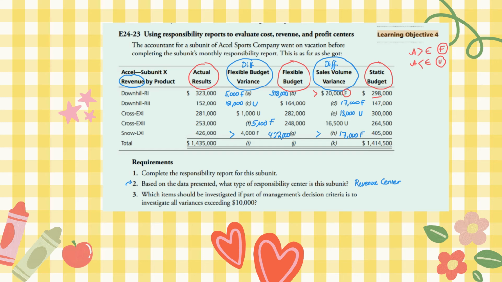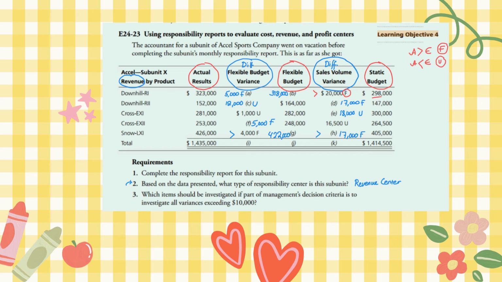Now I, J, and K. For J, I'm going to add all the revenues for the flexible budget. So 318 plus 164 plus 282 plus 248 plus 422.